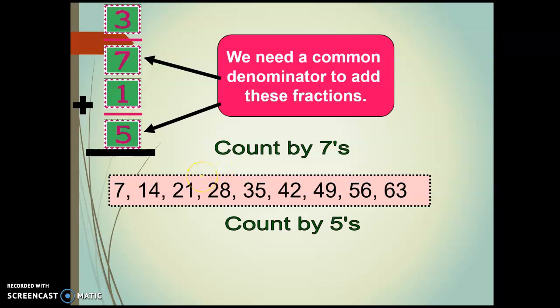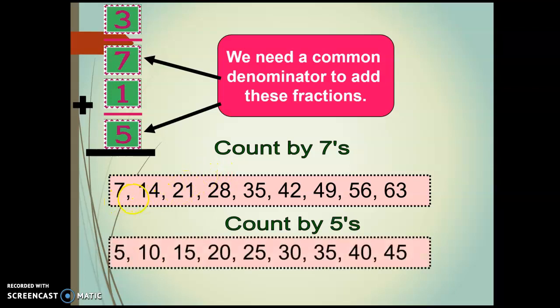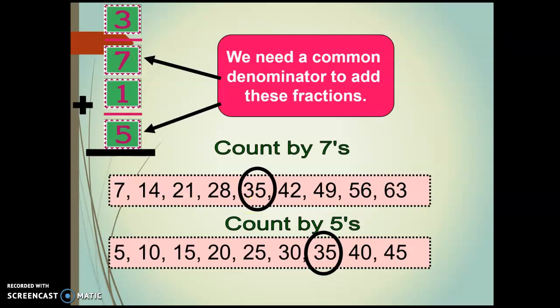And we count by fives: 5, 10, 15, 20, 25, 30, 35, 40, 45. So again, we look for the common number but we need to choose the smallest only. This time it's 35, right? With that, we can say that 35 is our common denominator.